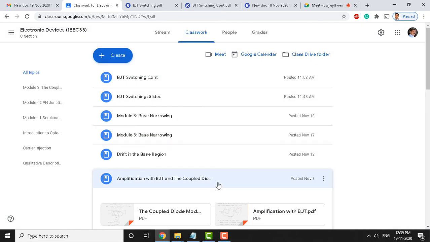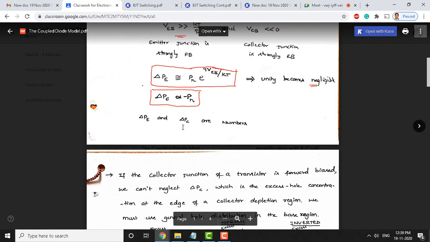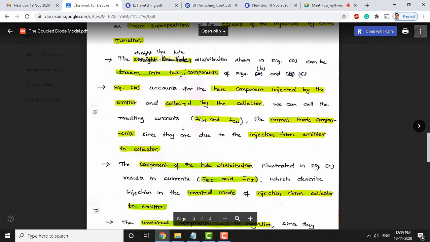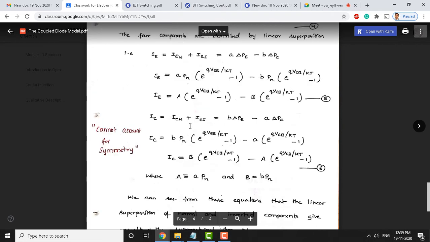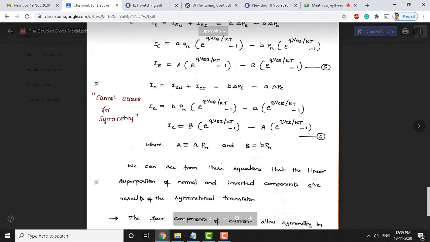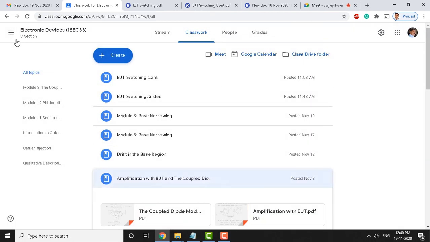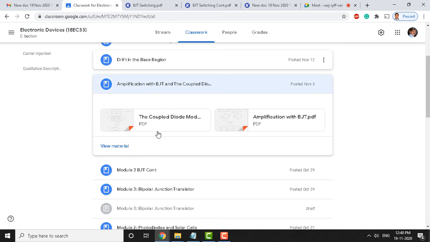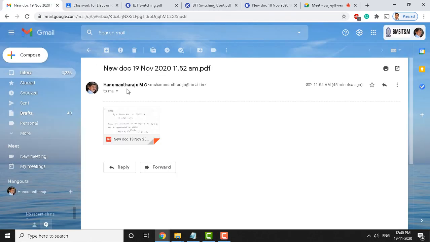This is not the one. I will just show you the final equations for this coupled diode model. Not these equations, I think. Yeah, I think it's in the slides I'd like to show you.